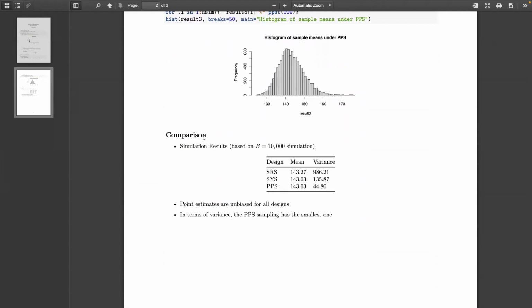They are all nearly unbiased. But if you look at the variance, PPS sampling is much smaller, which is good news, right? You can use unequal probability sampling, PPS sampling, to come up with a much more efficient sampling design, which is very good news. So that is basically the key idea.